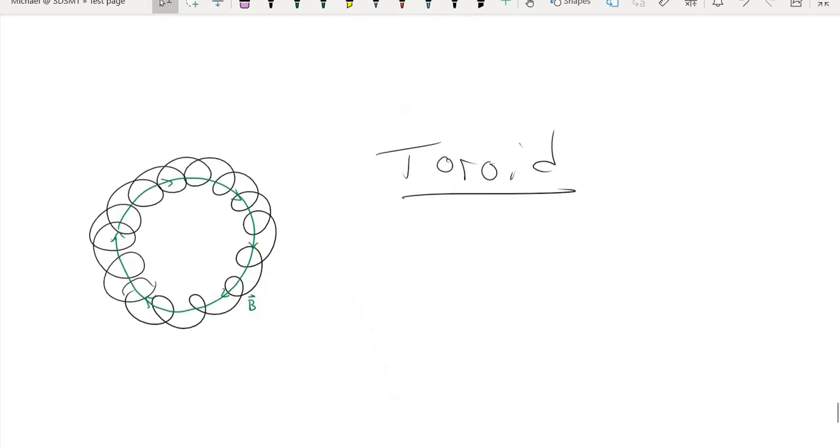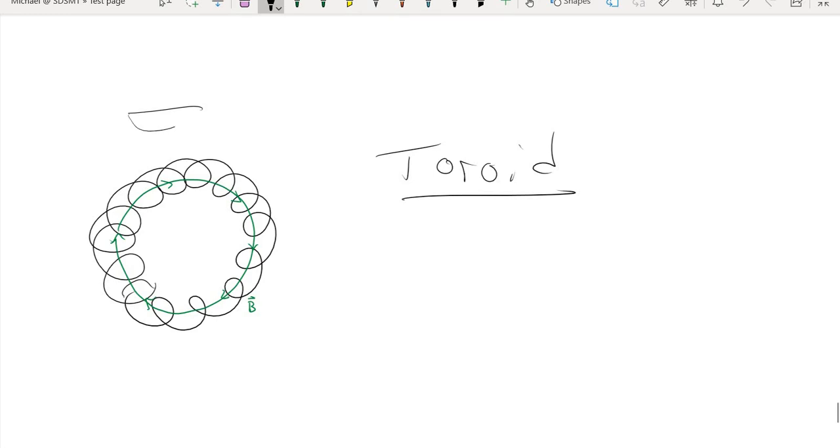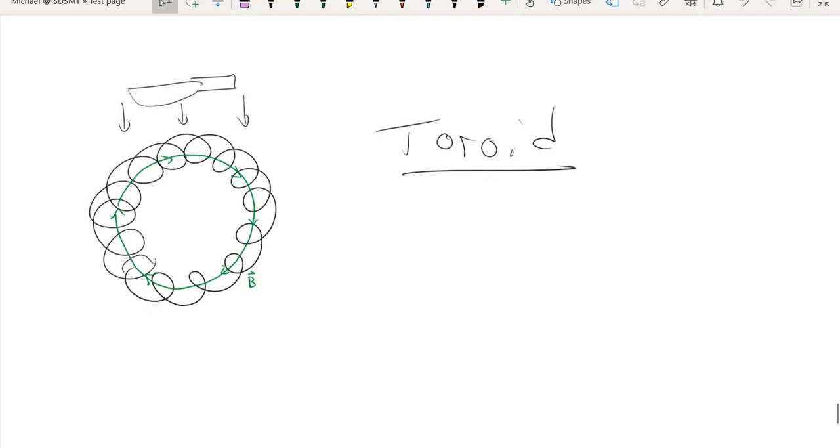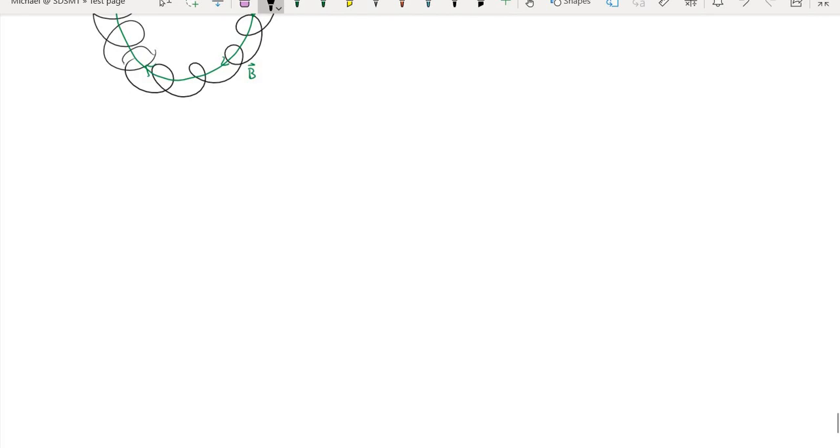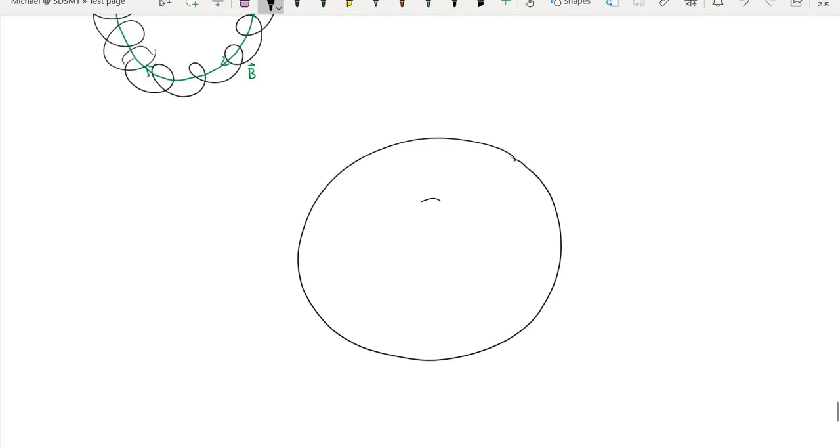So once again, we'll get out our knife and we will cut straight down through this construct, exposing a cross-sectional cut. And what that cross-sectional cut is going to look like, you'll have to give me a moment to draw this.